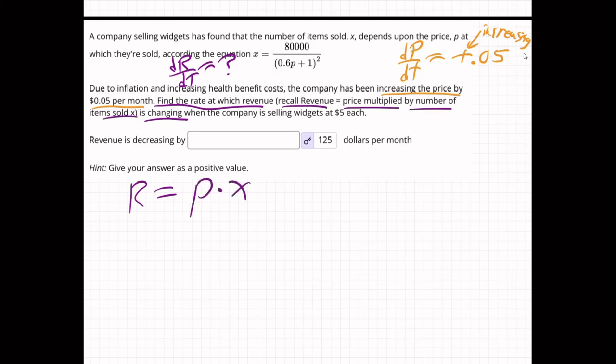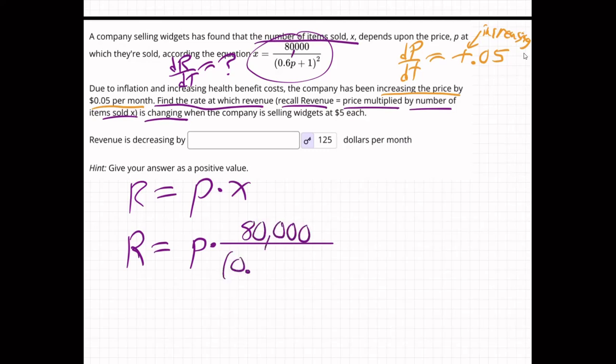So it's P times X. So revenue equals P times X, the number of items sold, which is going to be that big formula: 80,000 over (0.6P plus 1) squared.